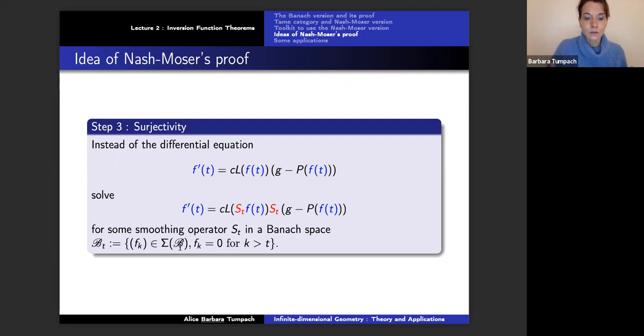Then we get a Banach space because we have only a finite number of indices. So this is mainly the Banach space to the power t, for t integer. And these are the Banach spaces we use to solve the equations.